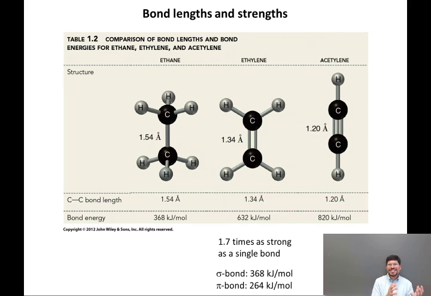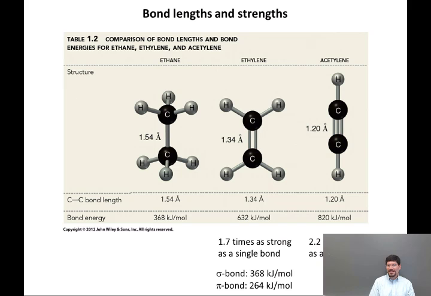So if we assume that a sigma bond has a strength of 368 kilojoules per mole, what that means is that a pi bond only has a bond strength of 264 kilojoules per mole. The fact that it's easier to break a pi bond than to break a sigma bond is something that will show up again and again when you consider the reactions of organic molecules.